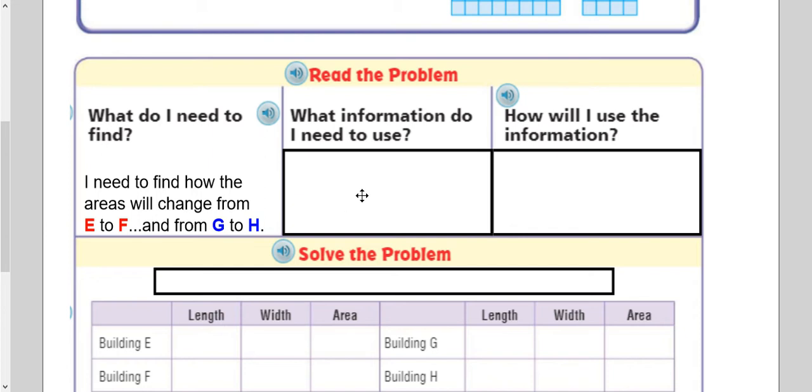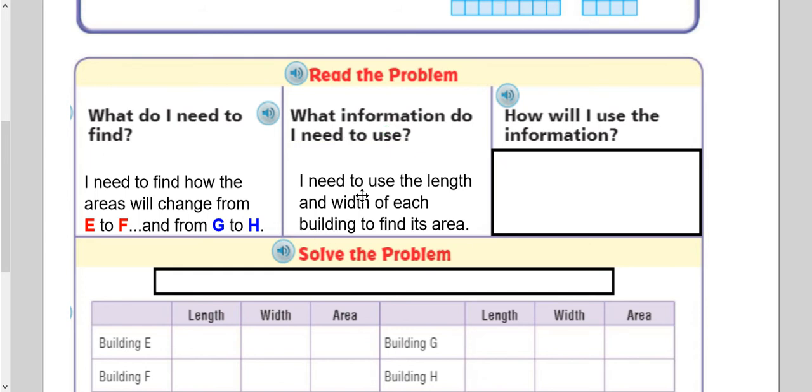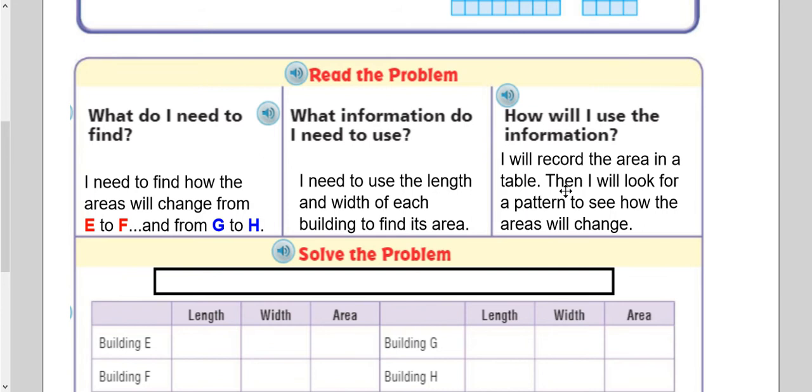What information do I need to use? I need to use the length and width of each building to find its area. And how will I use the information? By recording the area in the table. Then I will look for a pattern to see how the areas will change.